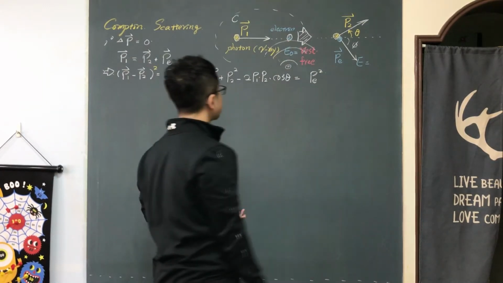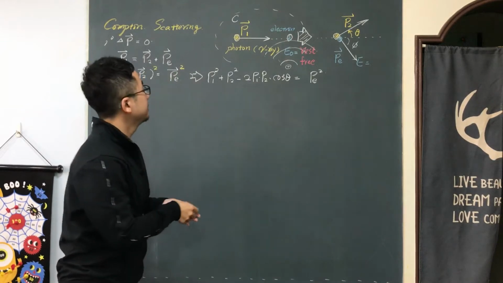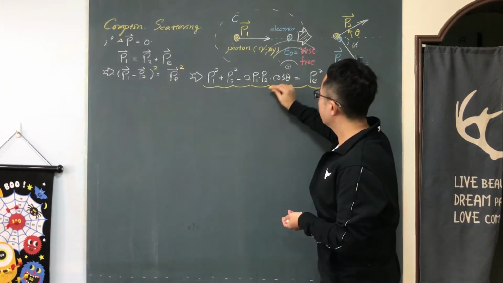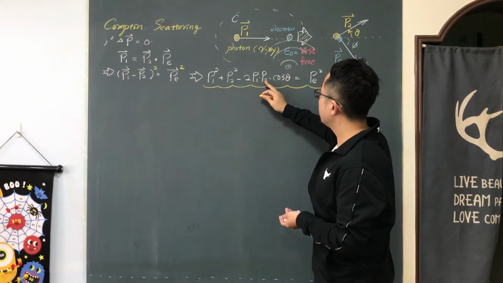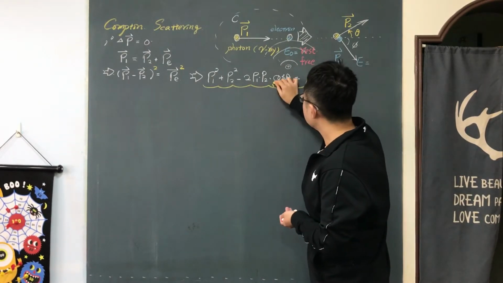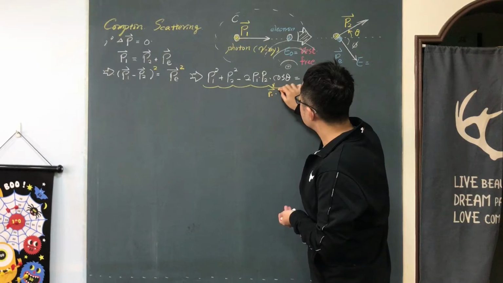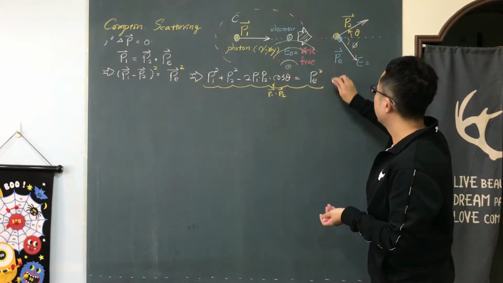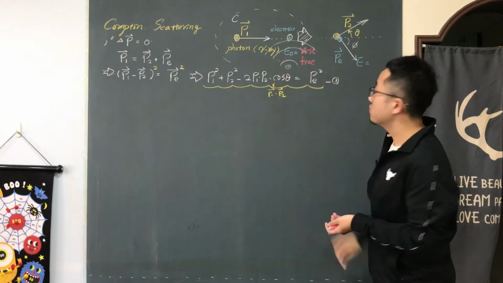This is what we got. And for this term, P1 times P2 times cosine of theta is equal to P1 dot P2. Okay, now we have equation number 1.